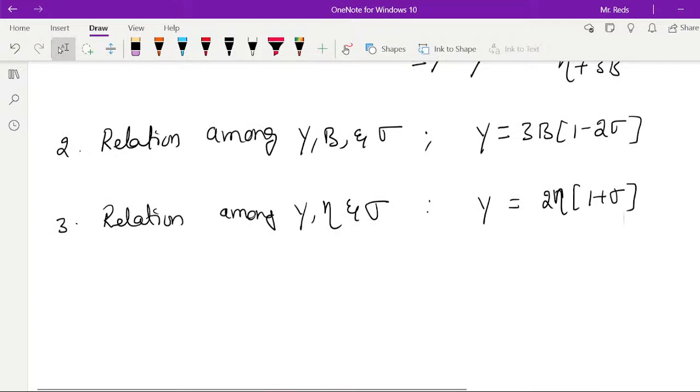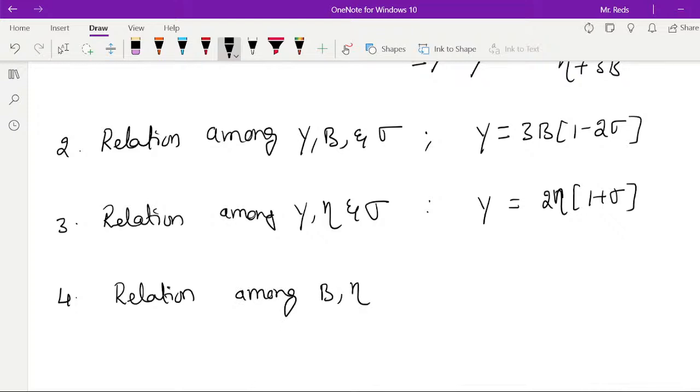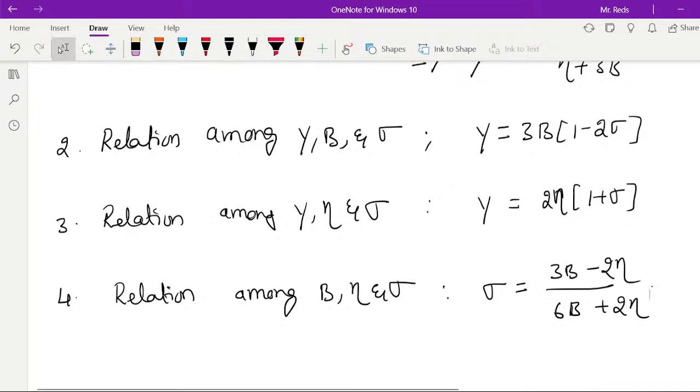One more relation we come across, except Y, is the relation among bulk modulus, rigidity modulus, and sigma, that is Poisson's ratio. You can take it as sigma equals 3 times bulk modulus minus 2 times rigidity modulus divided by 6B plus 2 eta. This is another relation we have to remember.